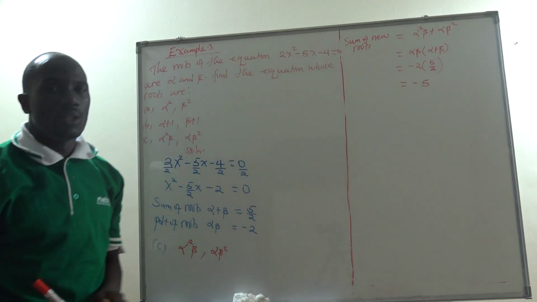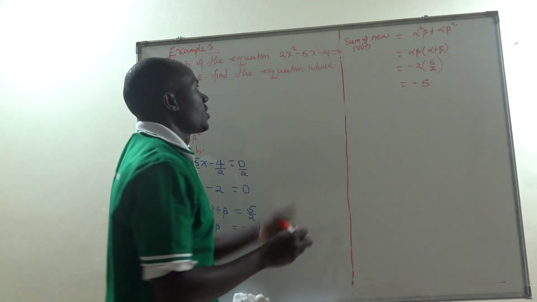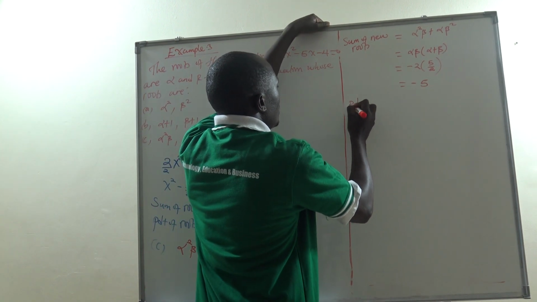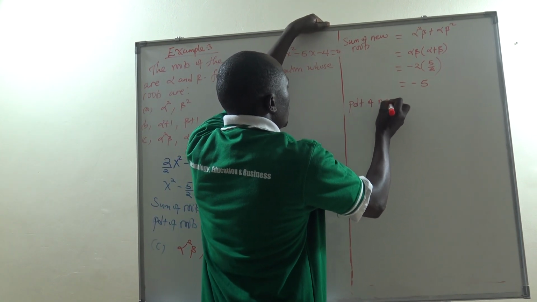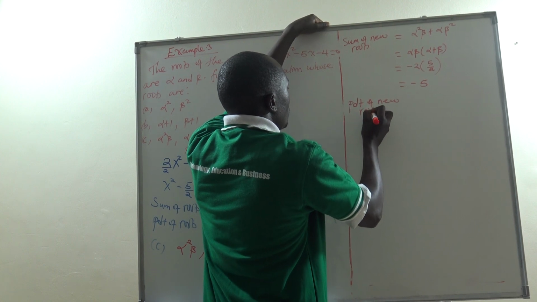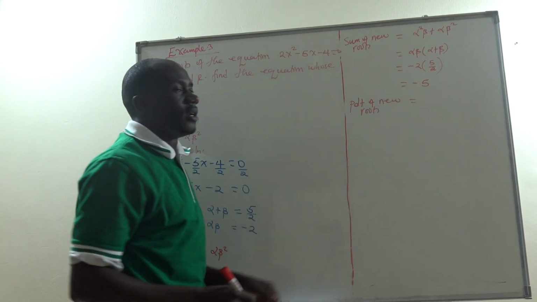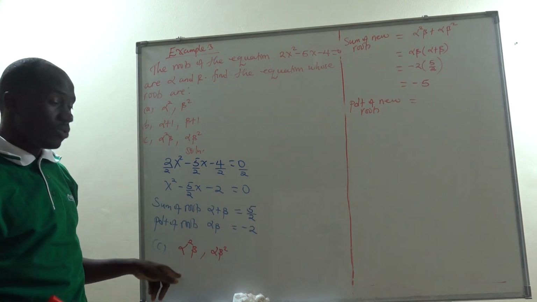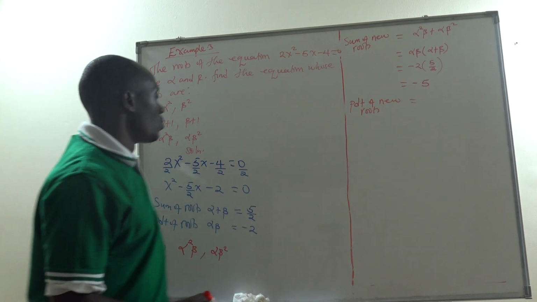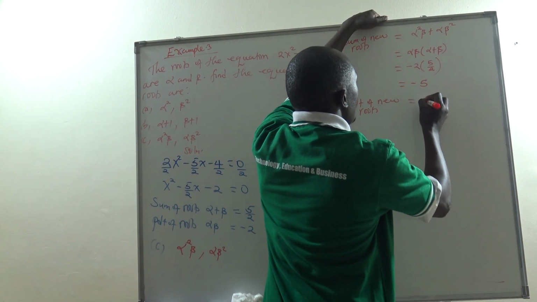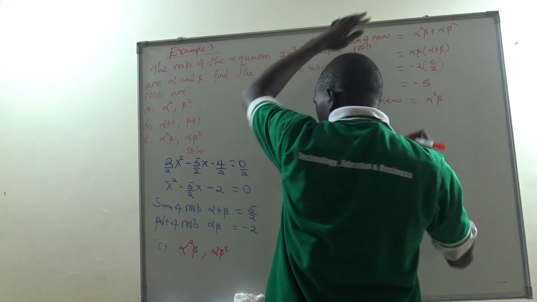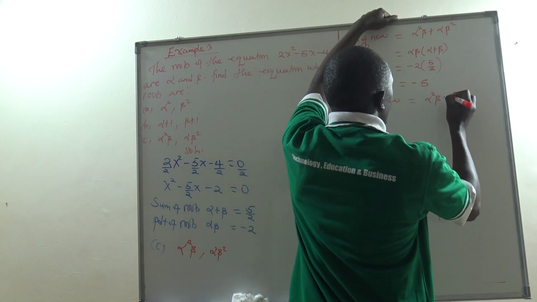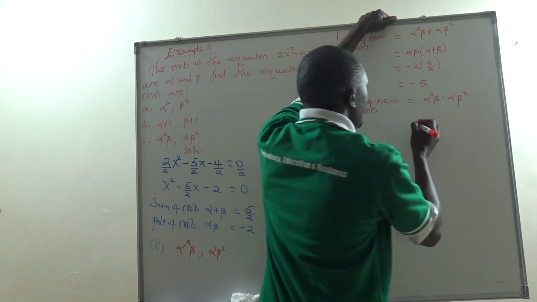We also come to the product of the new roots. So go ahead and look at the product of new roots. The product of new roots is all about multiplying these two roots which have been given to you, which will be alpha squared beta times alpha beta squared.